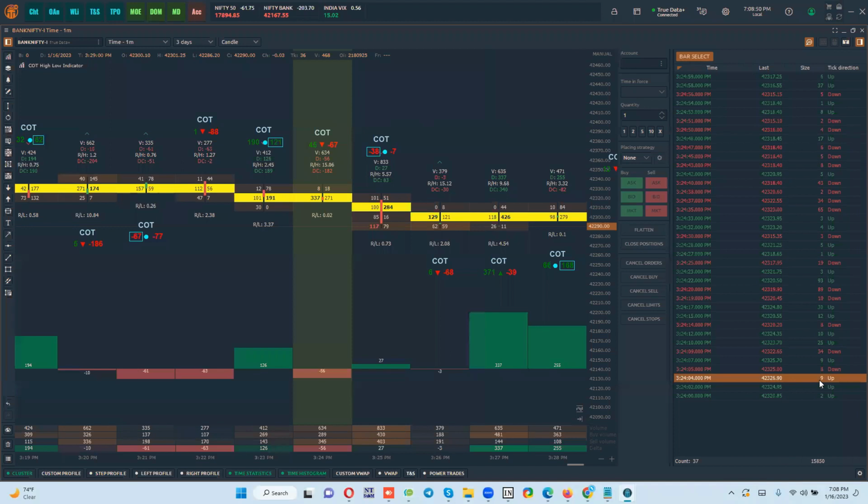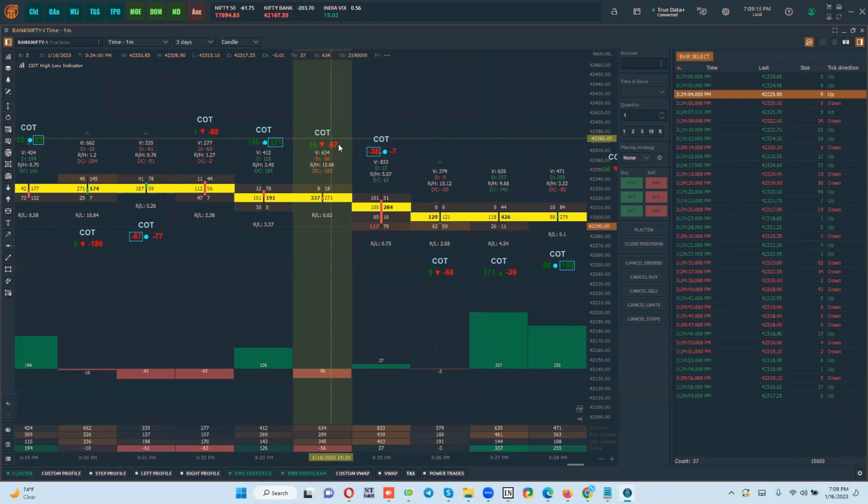I did it in ascending order. You can see that the high of 42,326.90 was made at this level. If you go down and calculate all these values and total them up, we get a value of 67.